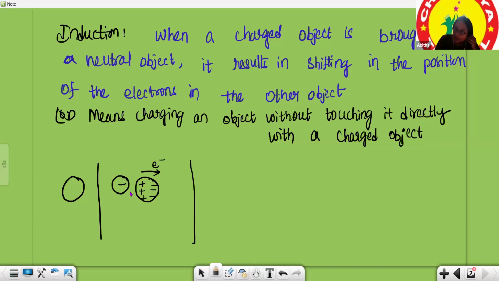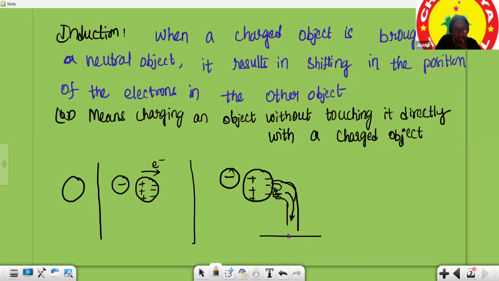You can see here, whenever a charged object is brought towards a neutral object, the charges in the neutral object are separated and the electrons are moved to one side. When I put my hand on this side, the negative charges go out and reach the earth.